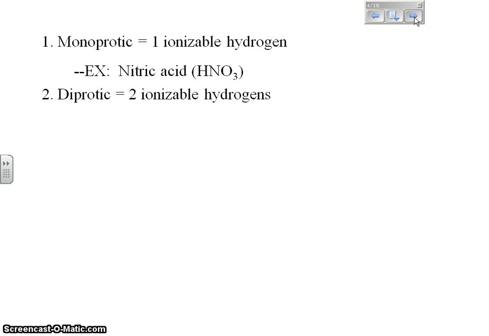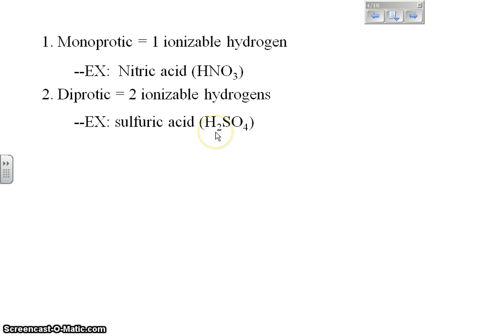If it has two ionizable hydrogens, we call that diprotic, all right? And you will see that in sulfuric acid, H2SO4, two hydrogen ions. Now I'm going to stop right here and say, just because there's a hydrogen atom does not make it an acid. So don't fall for that.